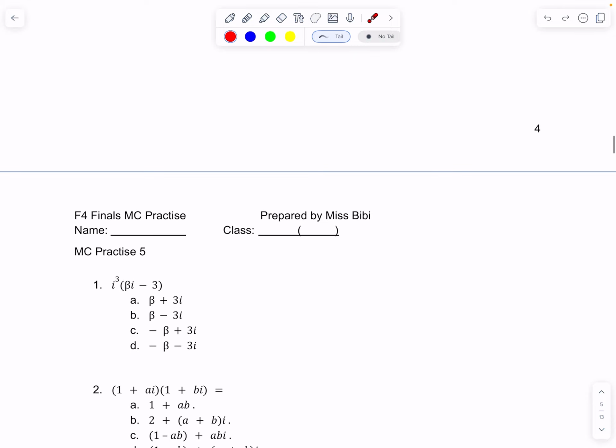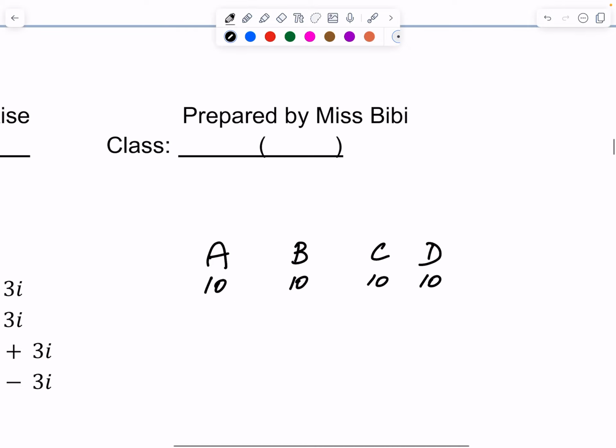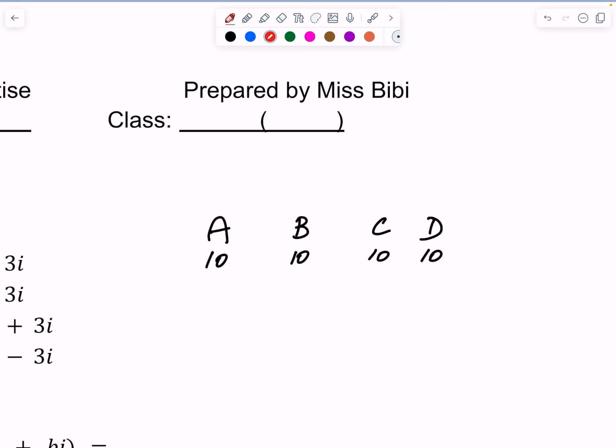By the way, did you know that in actual DSE or even most of the school exams, the options are equally distributed? For example, in Form 4, we have 40 questions, so each option has 10. And after doing the paper, don't just randomly fill in the choices if you don't know how to do it.